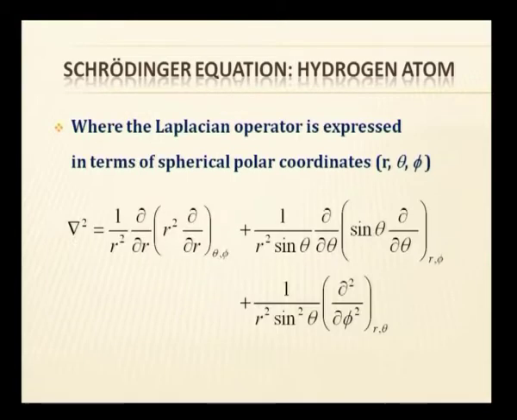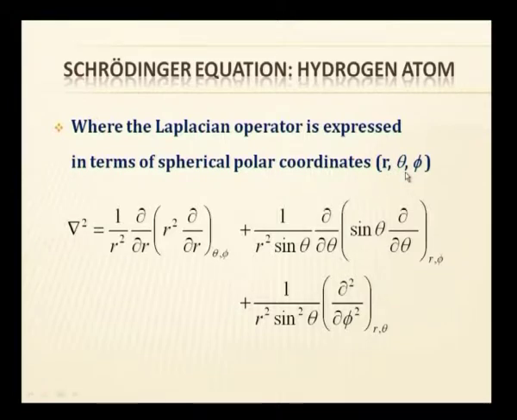So, you have the Laplacian operator del square expressed in terms of the spherical polar coordinates r, theta and phi. Instead of x, y, z, we express in terms of r, theta and phi.